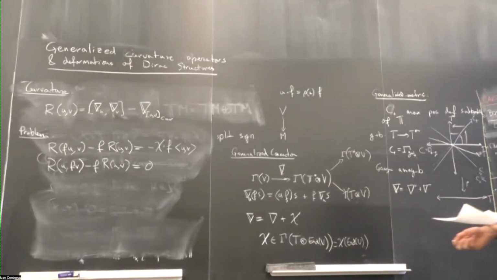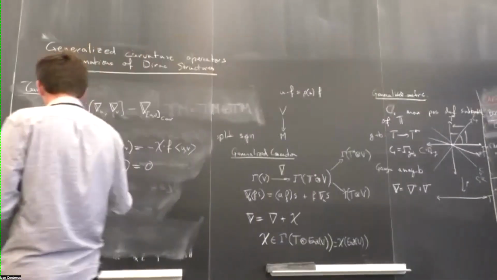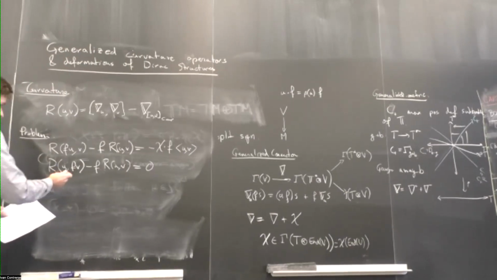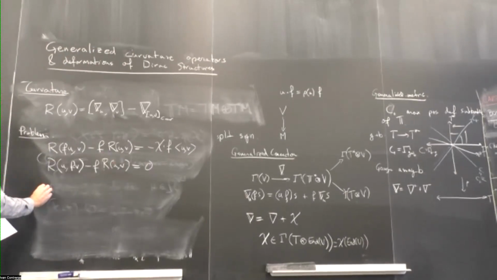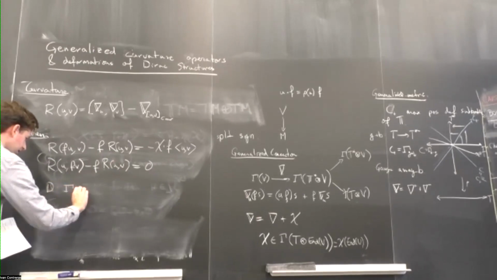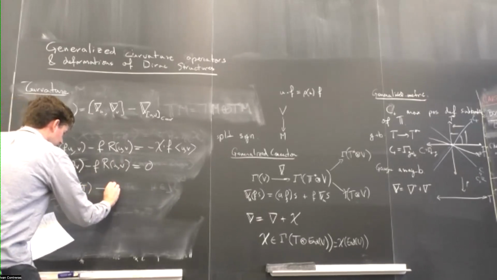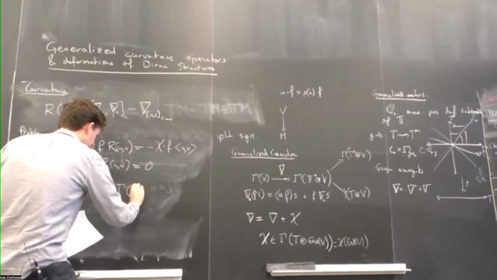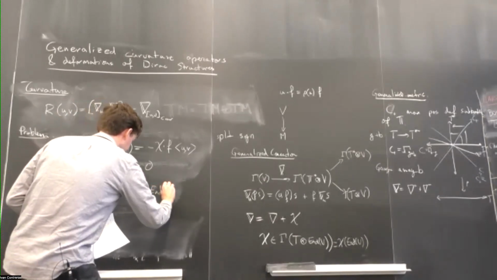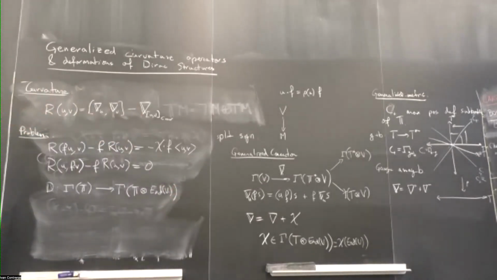So what does this mean? Well, it means you can reinterpret this curvature as an operator. So we're going to have an operator D from sections of T to endomorphisms of V. And how do you get this thing?